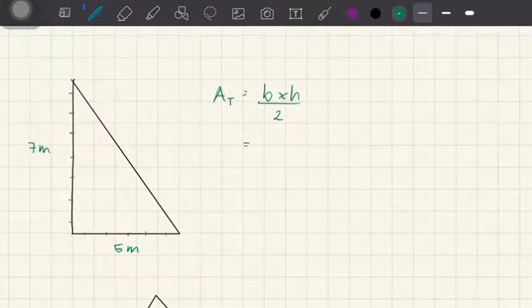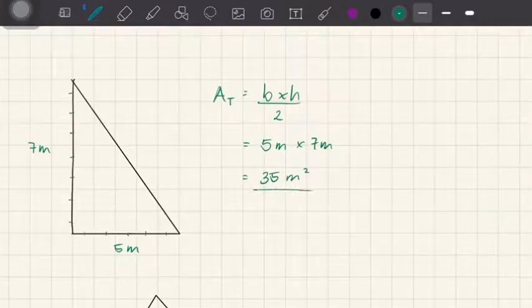The answer is, plugging in the given, 5 meters times 7 meters, that's going to be equal to 35 meters square, and then that's going to be divided by 2. Oops, I forgot to write it here. And then the answer is 17.5 meters square.